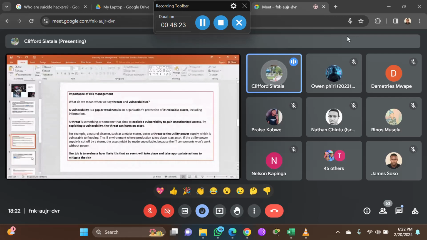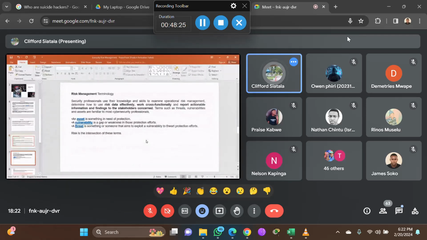So some terminologies. An asset is something in need of protection. Mainly the network infrastructure of any organization is regarded as an asset. The data in that organization is also regarded as an asset. The equipment on which the data sits and on which the network runs is also regarded as an asset.